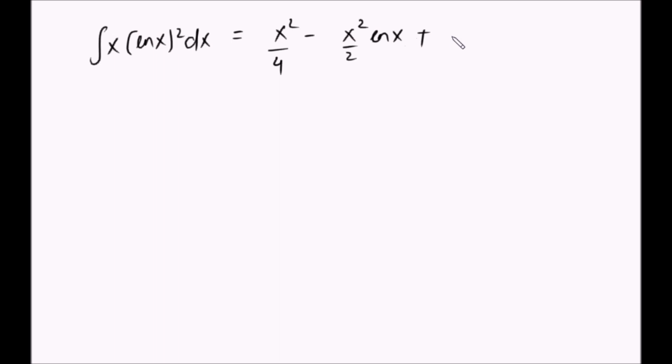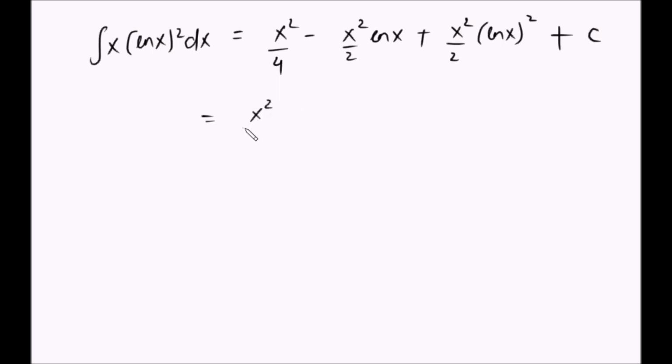So tumefika mpaka hapa, huyu tutakuwa sasa na x squared over 4 minus x squared over 2 ln x plus x squared over 2 times ln of x squared. So kwa sababu tulisha integrate mpaka mwisho, is high time sasa tuongeze plus c where c is constant.